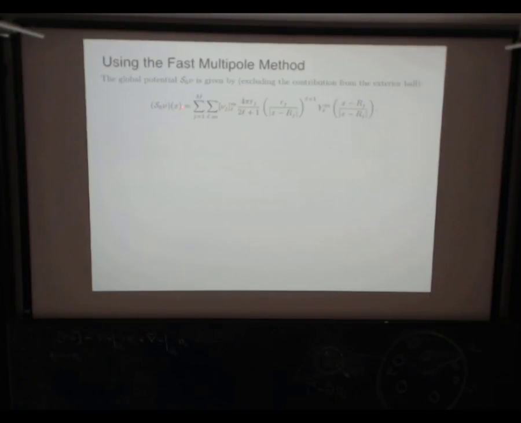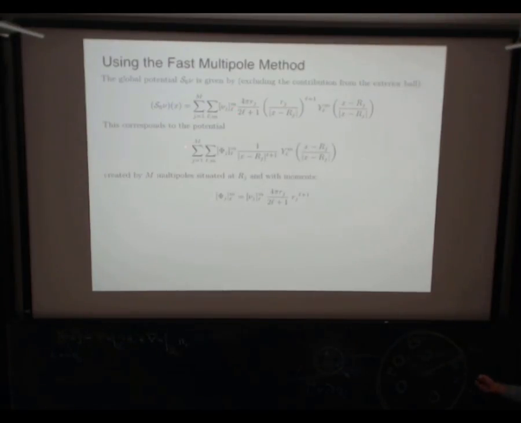So if you write more precisely for nu, what is the potential at a point x, where we assume here that each of the spheres are centered at Rj and have radius little rj, then this is the value of the potential, where we have to sum, as you see, over all the different spheres.